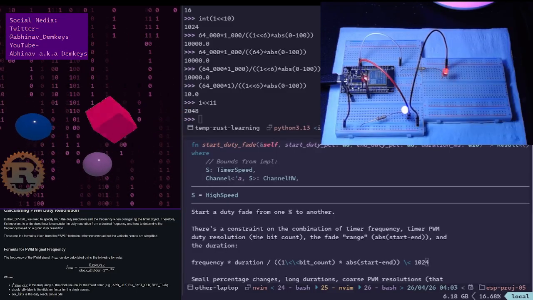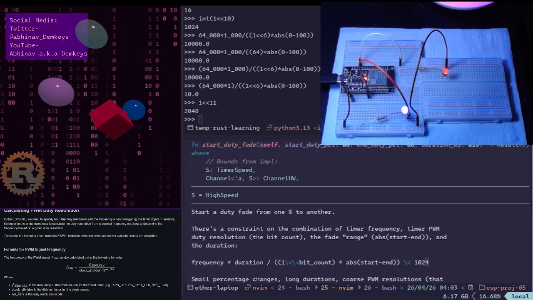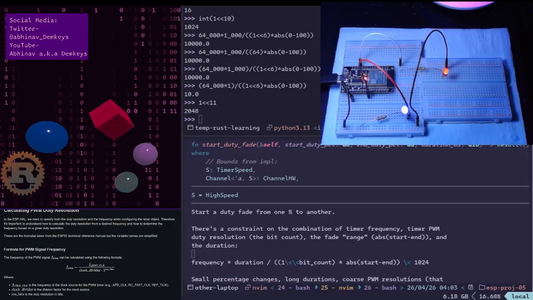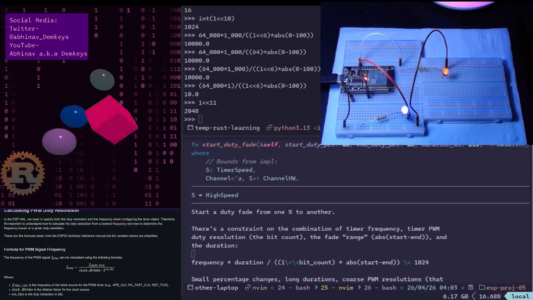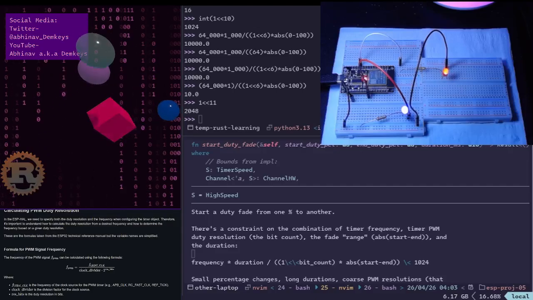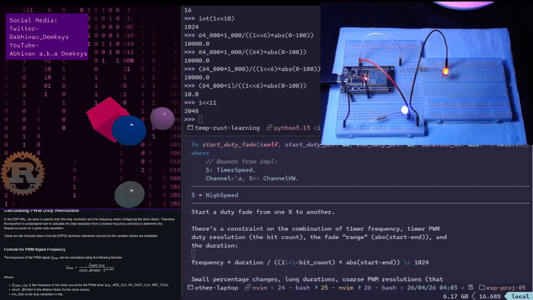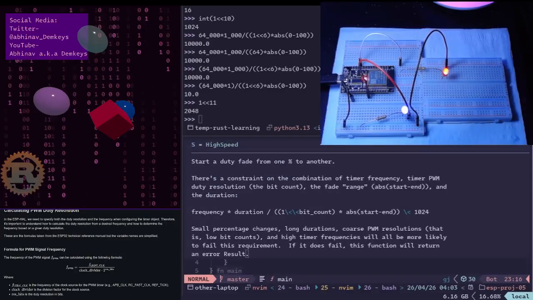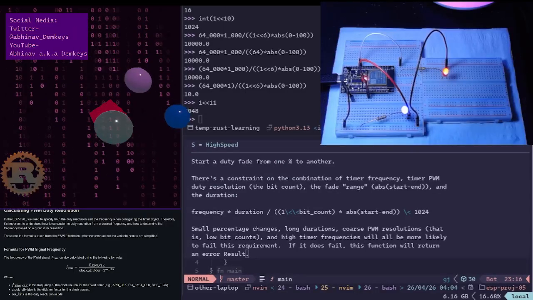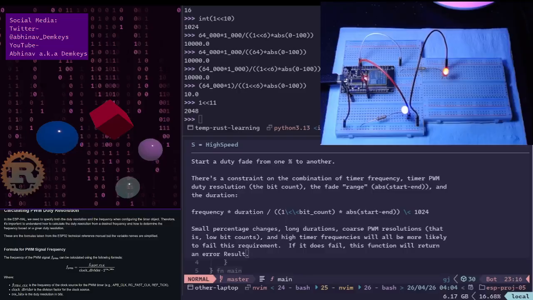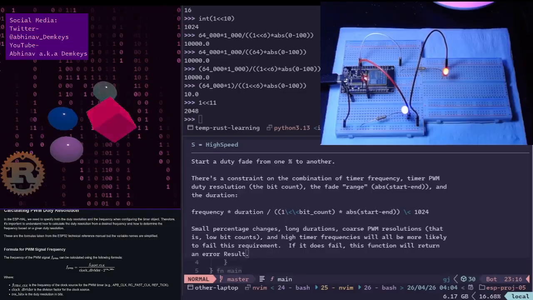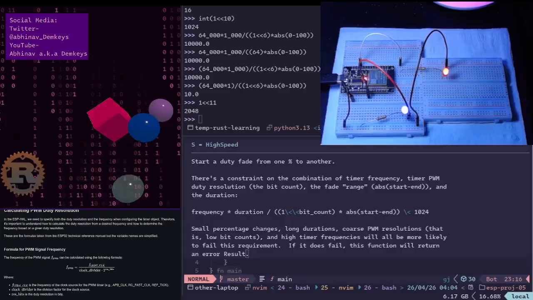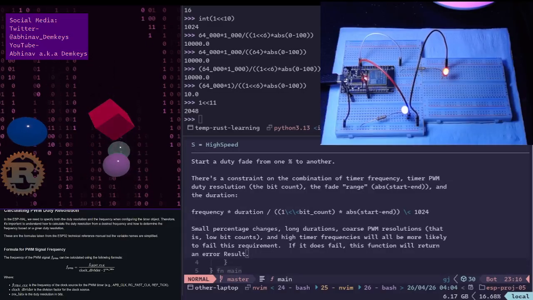Let's go back and read that. There's a constraint on the combination, and okay, this is the constraint. It should come down to that. And let's go back to Gemini's reasoning for this. Gemini is saying the ESP32 hardware uses a fading step register.